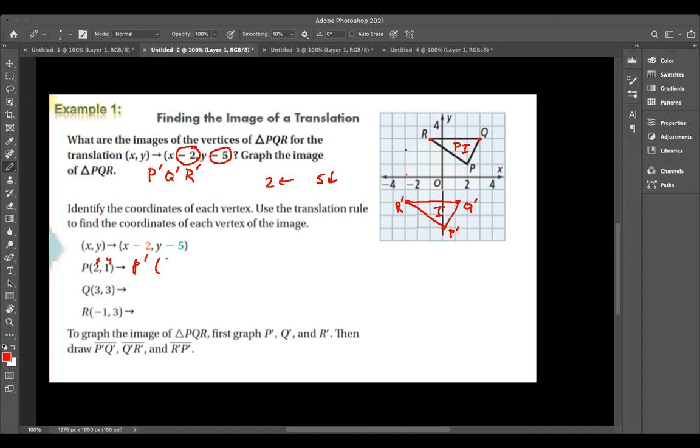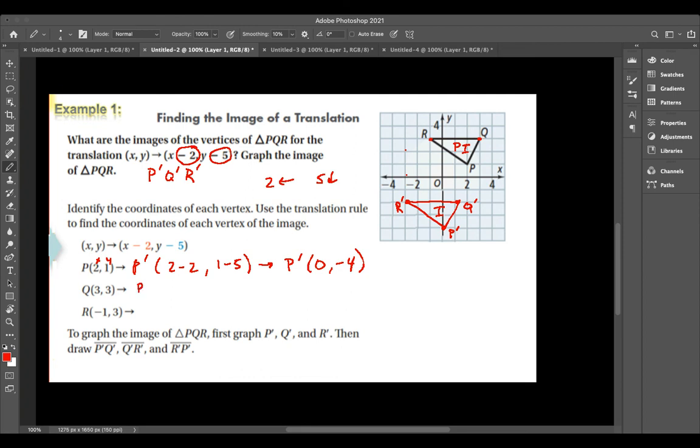The x would be 2 minus 2, and the y would be 1 minus 5. So P primed works out to (0, -4). If we see that, 0, 1, 2, 3, 4, that's correct. It will be right on that point.